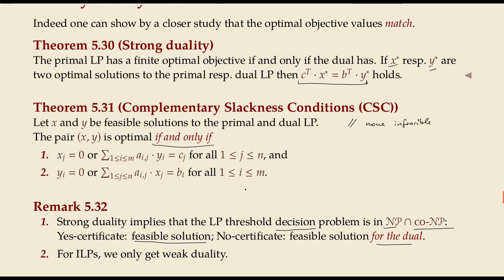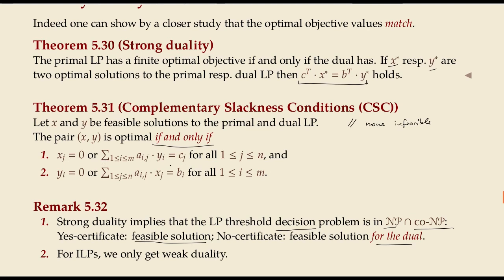And these conditions essentially say that either the variable that we consider in the primal and the dual is 0, so the smallest value that it can have, so it's at the boundary in a sense, or it's constrained in the other problem. So if the variable is in the primal problem, then this constraint in the dual, involving the dual variables, is fulfilled with equality.